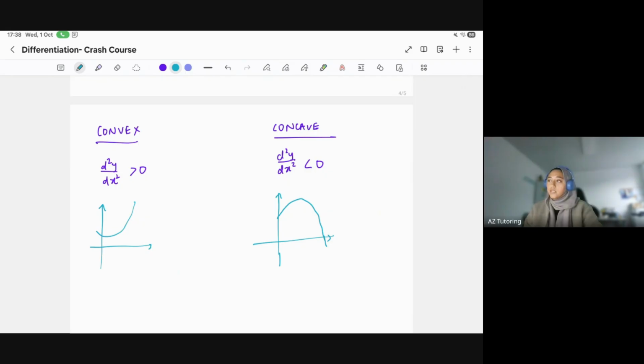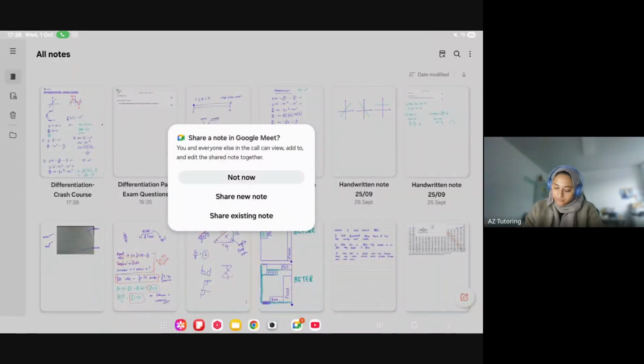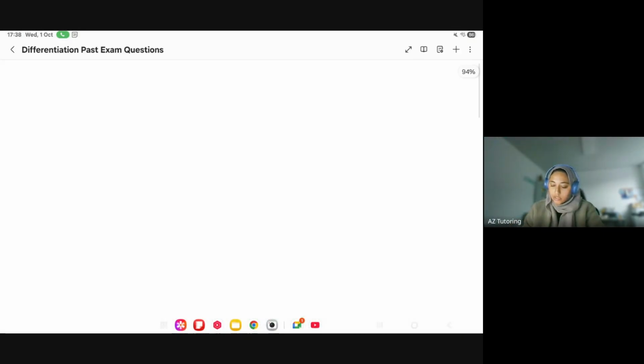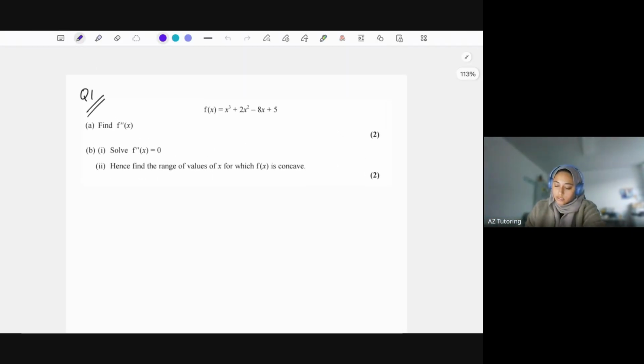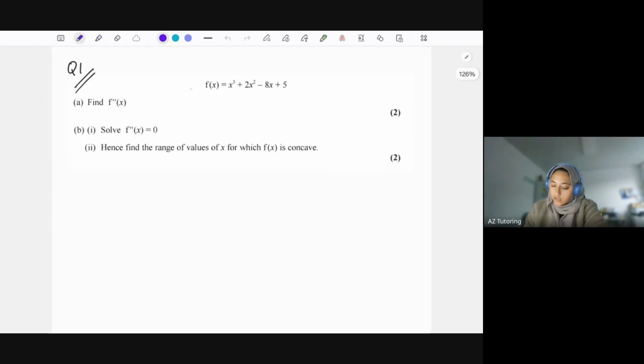So I want to show you a past exam question that does test you on this. So, we've got f of x is this. This is taken from a paper 1, or is it paper 2? I'm not too sure. But part A says find the second differential because it's got 2 primes.